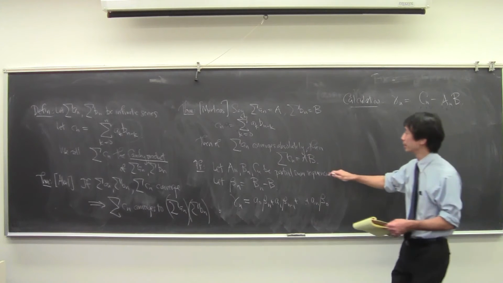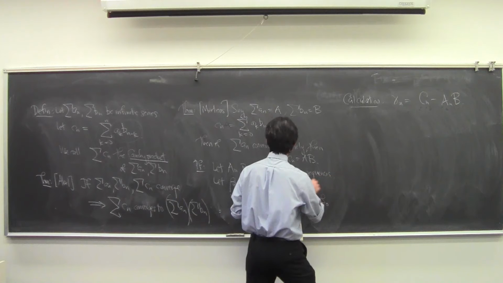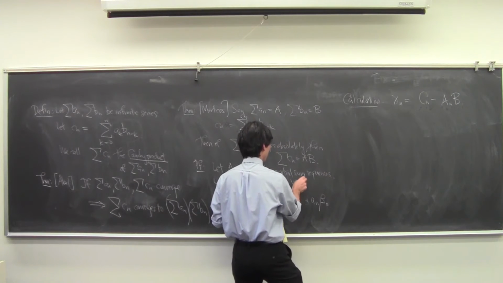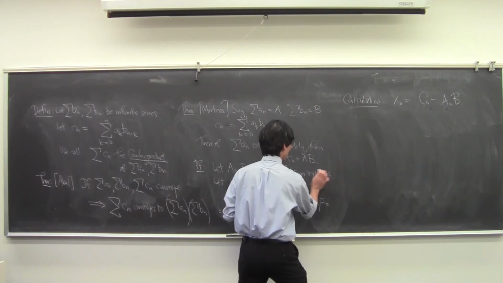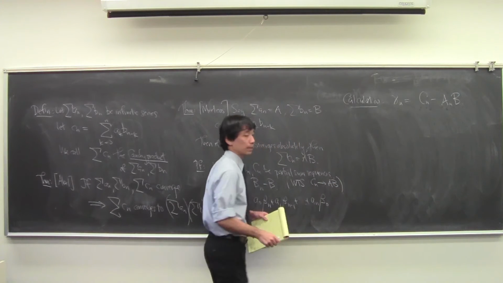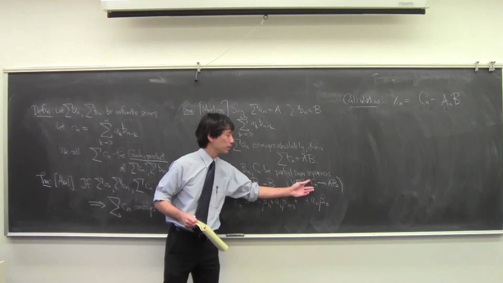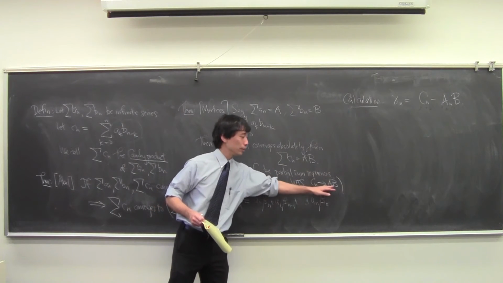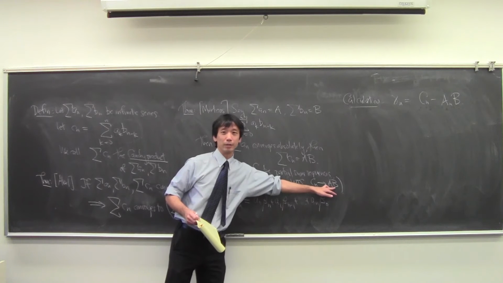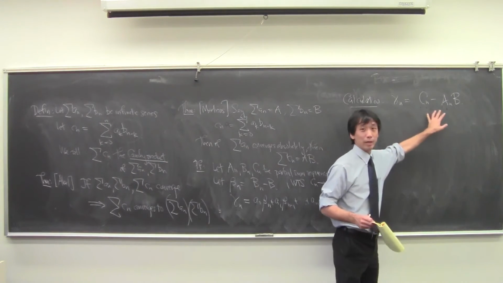We want to show that the limit of the C sub n is actually A times B. That the Cauchy product turns into the product of the other series. So let me just show this calculation.